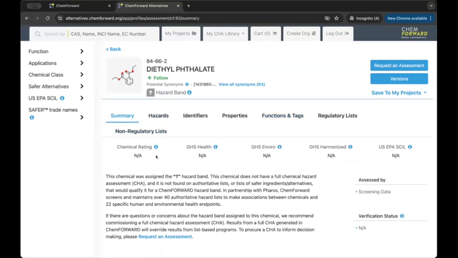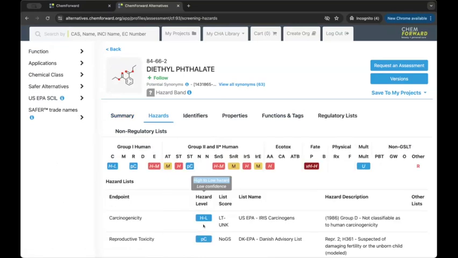So this is a landing page for a chemical that does not yet have a hazard band. What you'll see here is that we have a summary of the overall chemical. If we tab over to hazards, this is more or less filled out, but when I show you a full CHA hazard table, you'll note the difference here.